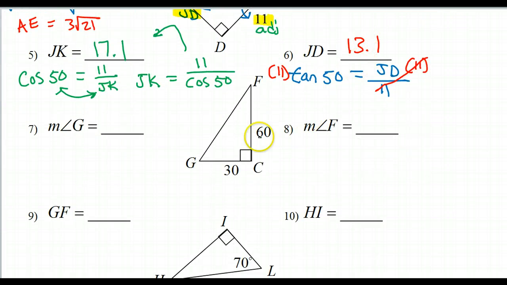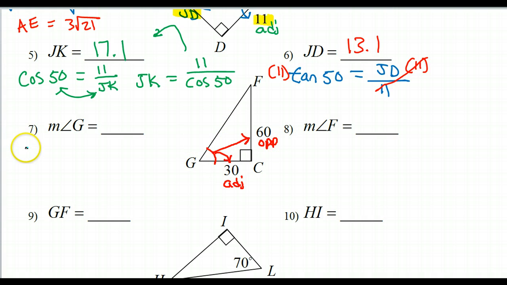Number 7, angle G. We're not given either angle, so that means I know I'm going to need an inverse trig function. If I want to find angle G, then from the perspective of angle G, 60 is opposite, and this 30 is adjacent, because that's the hypotenuse over there that we're not using.